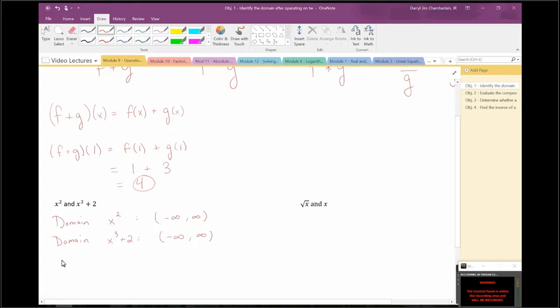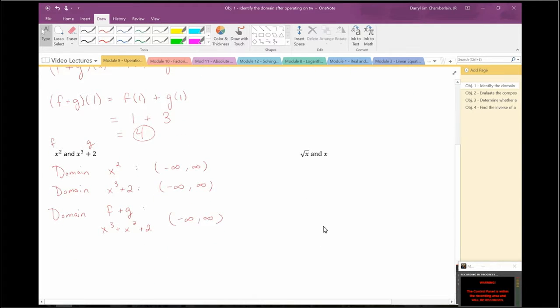Right, so let's call this f and call this g. The domain of f plus g, the domain of x cubed plus x squared plus 2, would still be negative infinity to infinity. If we subtract them, we can see that's going to do the same thing.